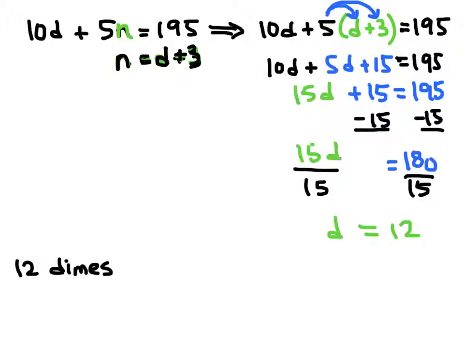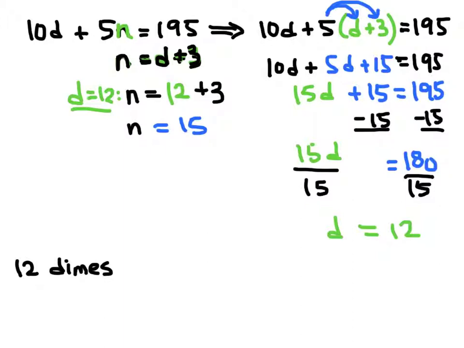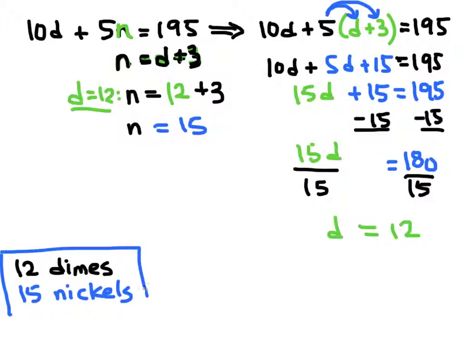If we know that d equals 12, that leaves us with n equals 12 plus 3, which gives us n equals 15. So that leaves us with 12 dimes and 15 nickels. And that is the solution to our problem.